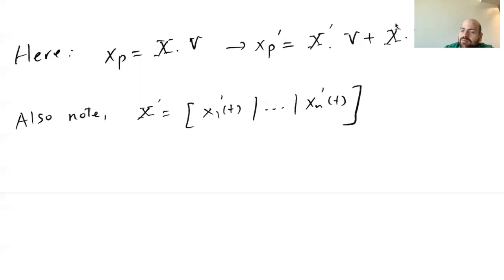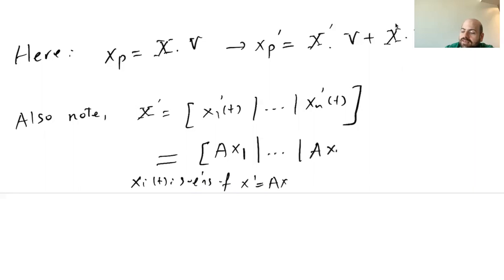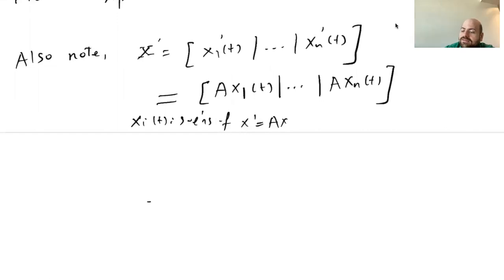So x1 of t prime will be the same as Ax1, all the way to Axn. And I can write this as A times the matrix with columns x1 of t to xn of t.